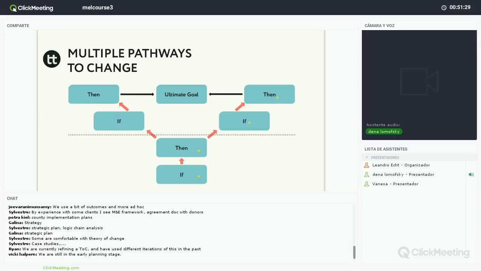So let's say you're providing policymakers with access to good quality research. Your first task is for them to engage with that research, and you hope that they will read it. They may even share it with their colleagues or with other people in their policy community.